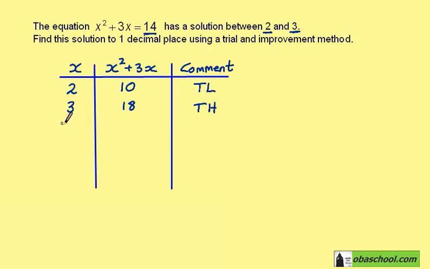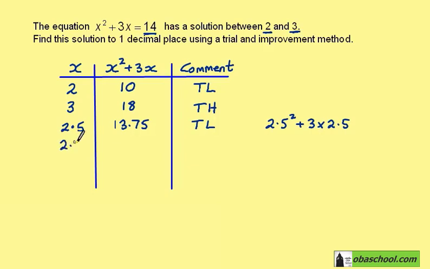The next thing to do is try a value between 2 and 3, such as 2.5. We calculate 2.5 squared plus 3 times 2.5. This gives us 13.75, which is less than 14, so it's too low.